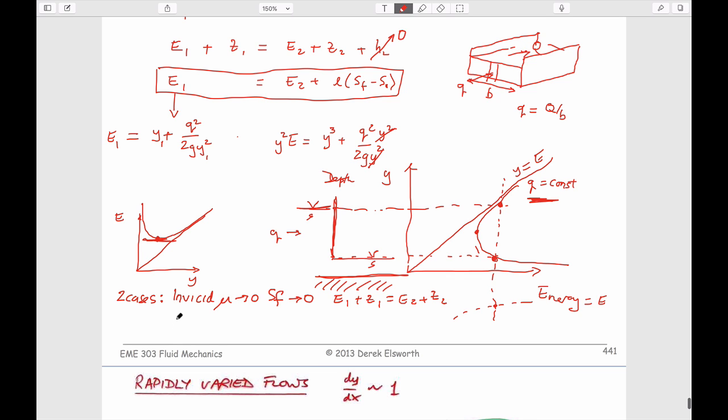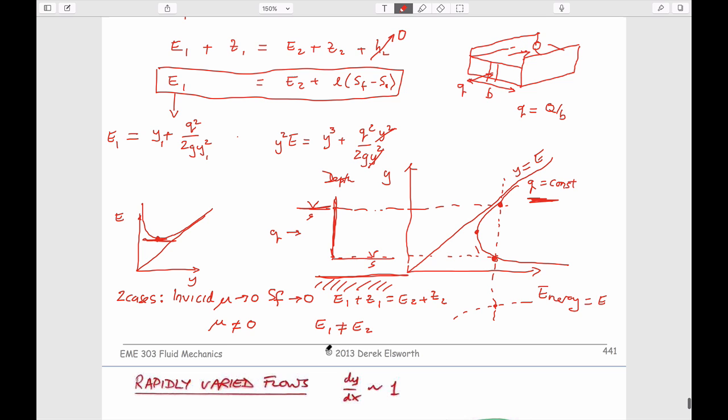The other case is where mu is not equal to 0. In that case, the energy upstream for a flat bed, which is the only one we'll look at, is not equal to the energy downstream.